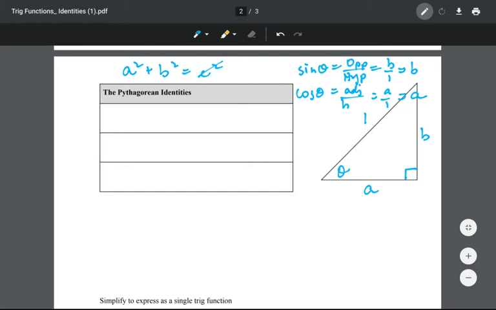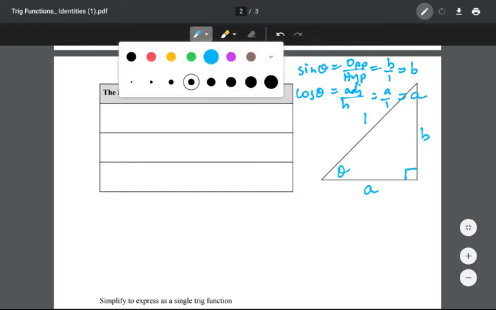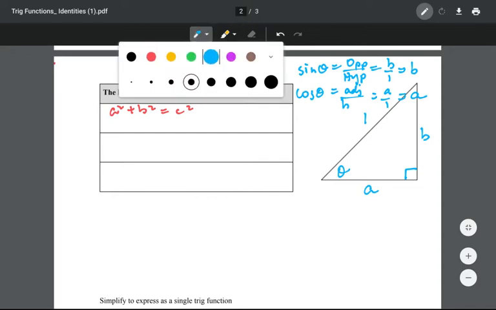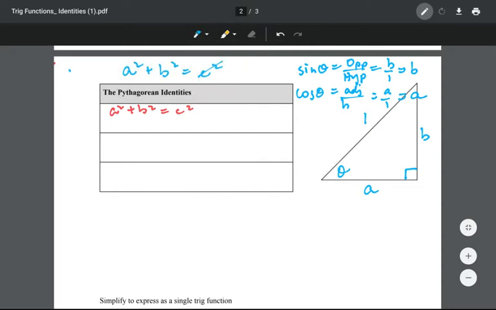So for this Pythagorean identity, the first iteration of it anyway, I can start by thinking of it as the Pythagorean theorem. A squared plus b squared equals c squared. But when I put it in terms of my trig functions, a is cosine, so this becomes cosine squared theta plus b, b is sine squared theta, and c is my hypotenuse, which is 1.